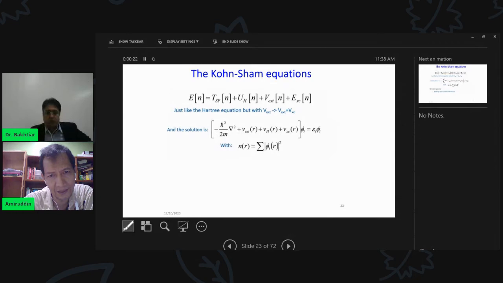So the wave function here is for a single particle. It's not the many particle wave function. Yeah, this is a single particle wave function. Which is much easier to solve compared to the N particle system wave function. All right. Okay.